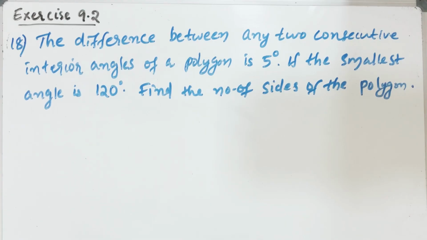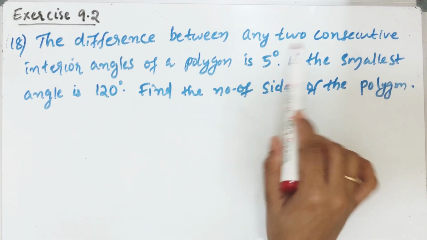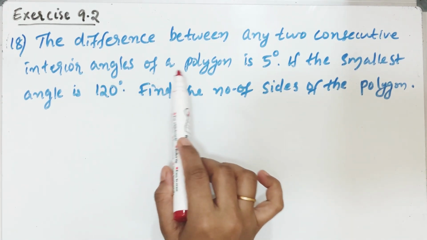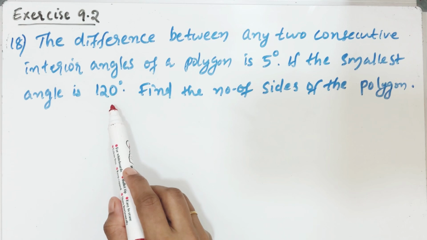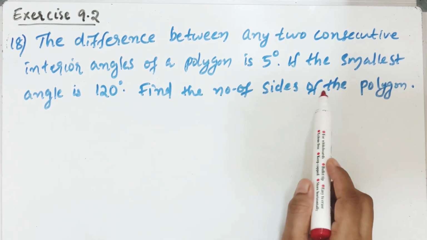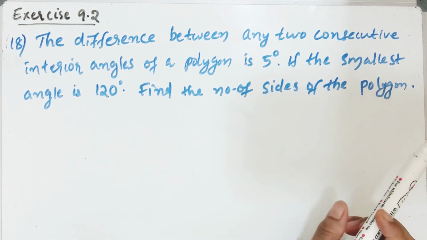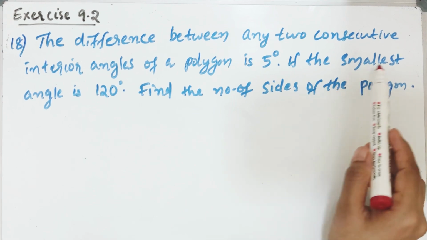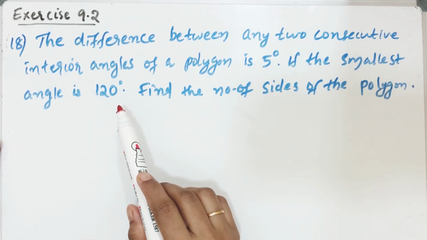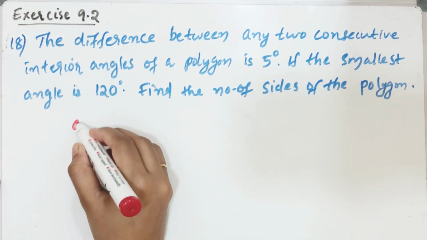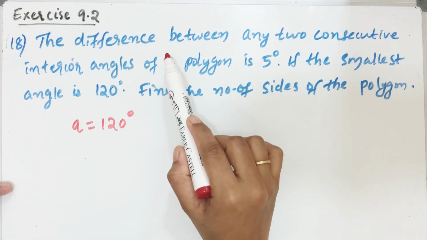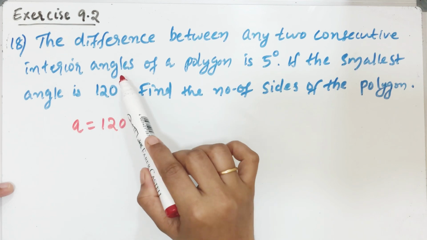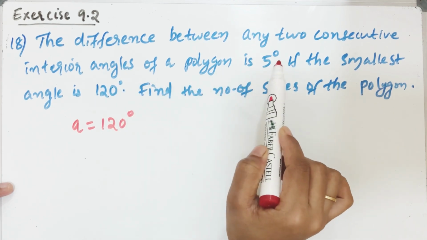The last question is, the difference between any two consecutive interior angles of a polygon is 5 degree. If the smallest angle is 120 degree, find the number of sides of the polygon. Here given the smallest angle is 120 degree, so we can take first term as a equal to 120 degree. And also given difference between any two consecutive interior angles of a polygon is 5 degree.